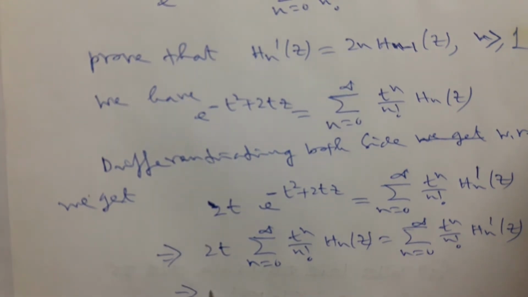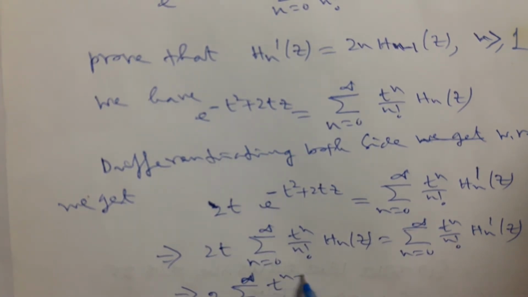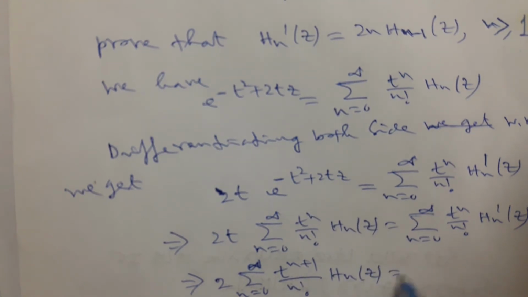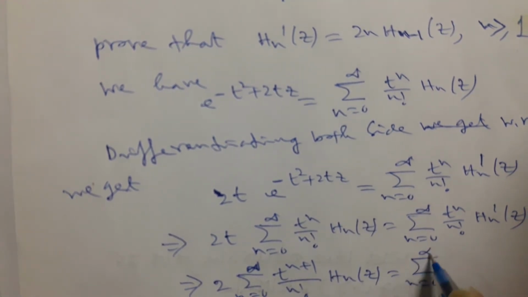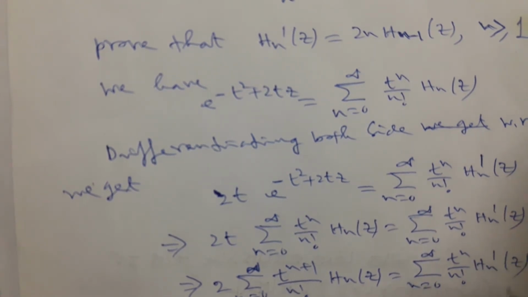Which implies 2 into the sum from 0 to infinity. Here, since a t is included, it becomes t to the power n plus 1 by n factorial Hn(z), which equals the sum from 0 to infinity of t to the power n by n factorial into Hn'(z).